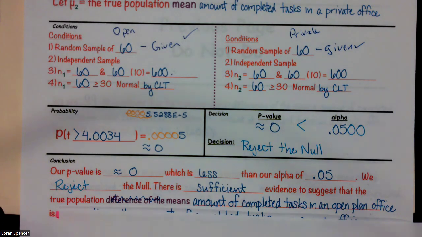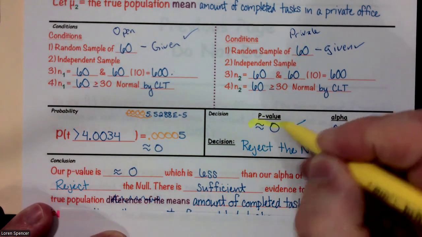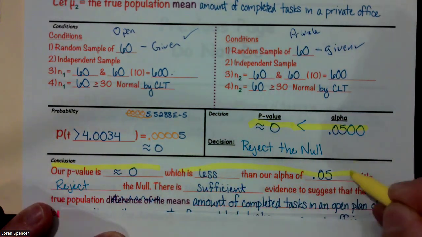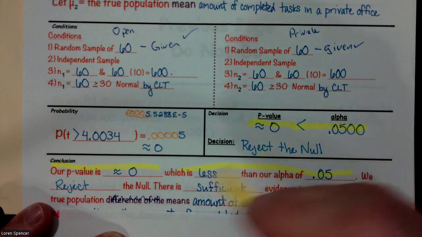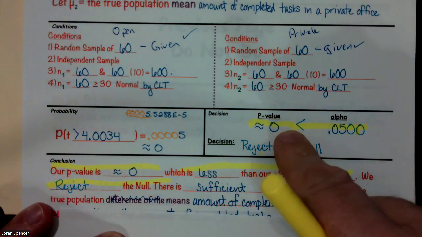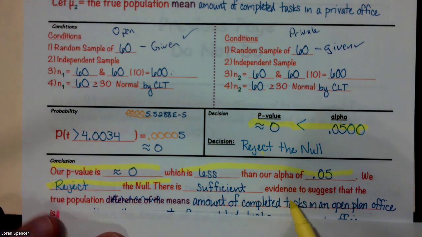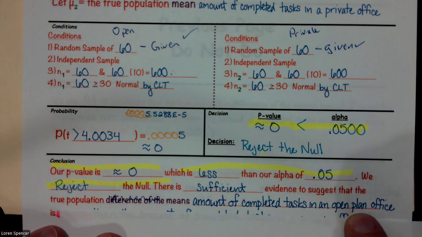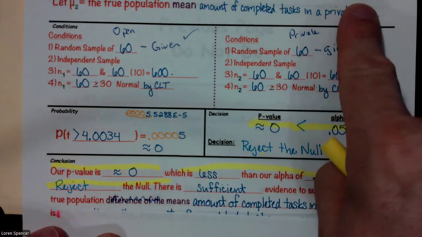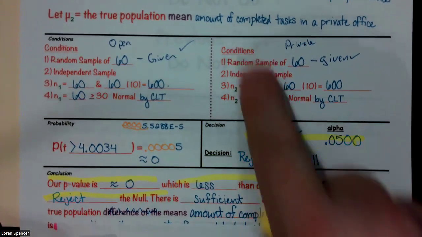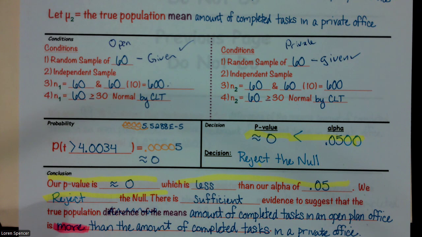And then, of course, as I've said before, our p-value is 0, that came from right here, which is less than our alpha 0.05, that came from right there, and we reject the null, and that came right here. Then we have enough evidence to conclude that the true population mean amount of tasks in the open office is greater than, or more than, the completed tasks in the private office.